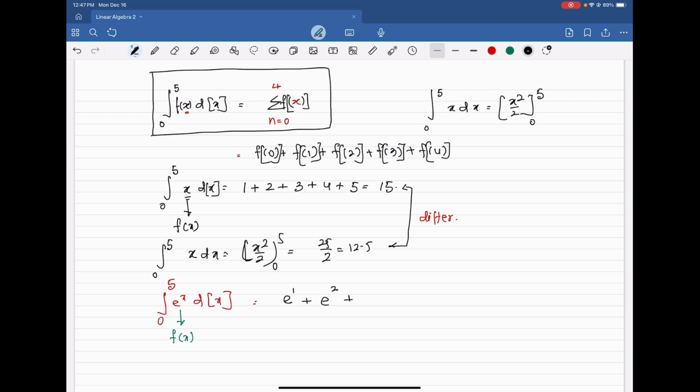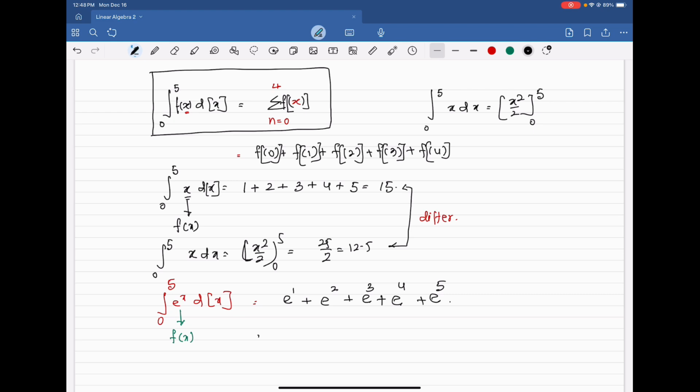Then here it will be the smallest integer greater than 2, and the smallest integer greater than 3, and the smallest integer greater than 4. Now you got the difference.